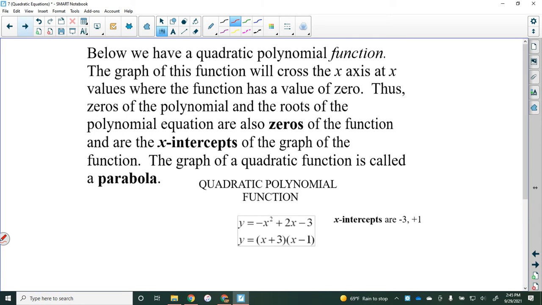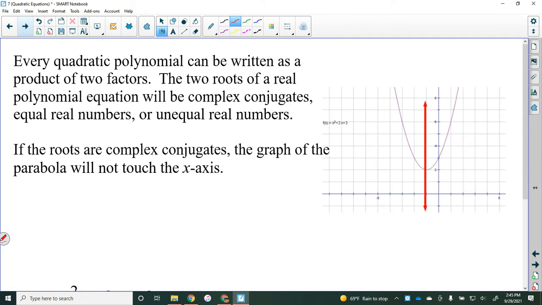And they're intercepts here because now we're going to be looking at the graph. So if we're looking at the graph, then we can refer to them as x-intercepts, which brings us to having to keep in mind that every quadratic can be written as a product of two factors.